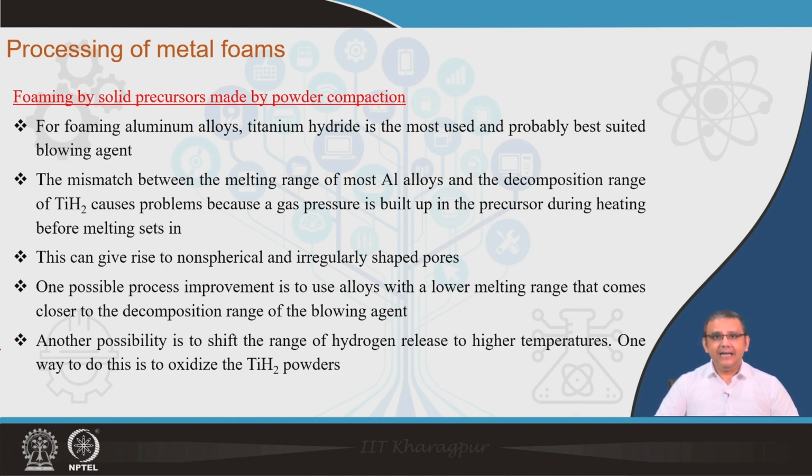Another possibility is that this titanium dihydride can be oxidized on the surface to form a surface layer of titanium oxide, and that will also reduce this initial decomposition of titanium dihydride, and that way the foams can also be of sufficiently good quality.